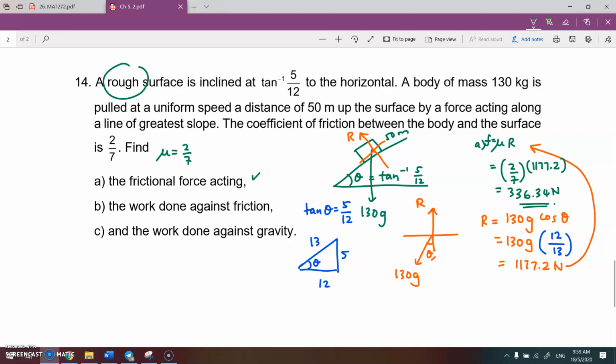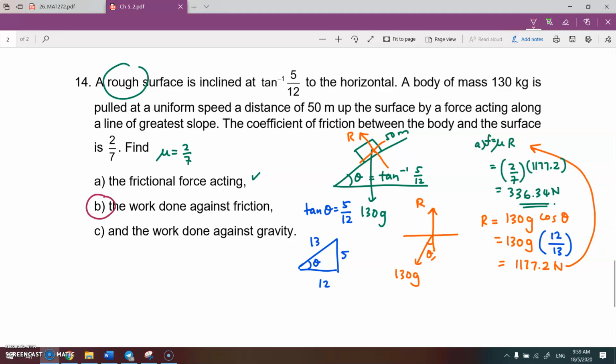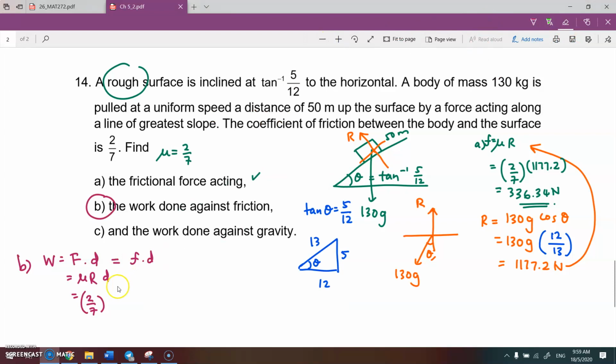We move on to question B. Find the work against friction. Work against friction is force times distance. Your force here is mu R times distance, but since we already found the friction, I just use the frictional force times the distance.